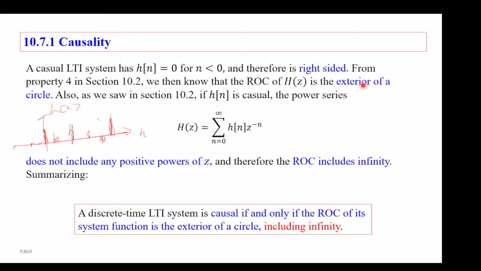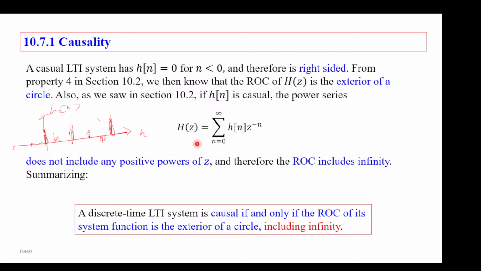Chapter 9 was saying that being the exterior of a circle only corresponds to right-sided. And in chapter 9 we didn't know how to enforce that we are actually starting at 0, not starting at, say, n equal to -1. But here we can actually check that because we can check this infinity thing.